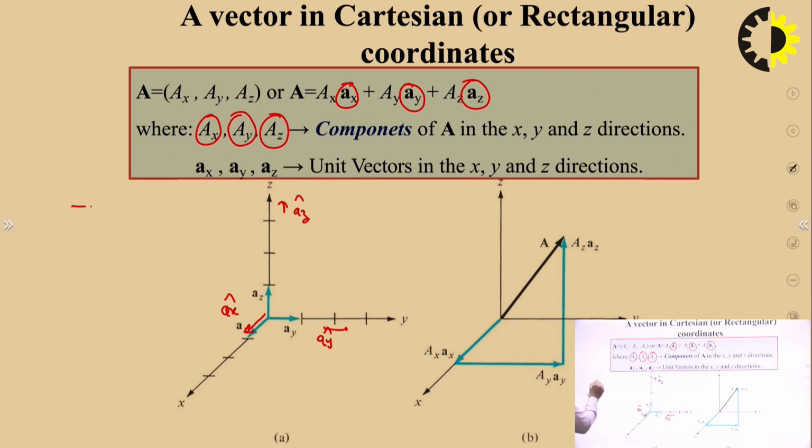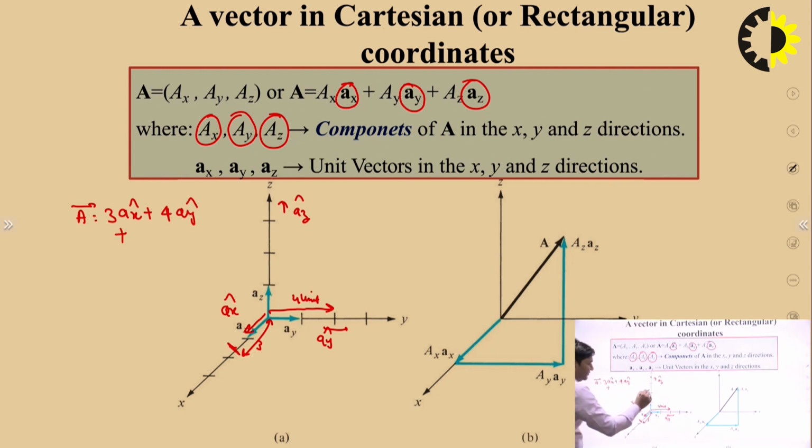So the whole vector A is defined by the magnitude in the x direction. Suppose we have taken 3 units, so 3 into ax, plus, suppose we have taken 4 units in the y direction, so 4 into ay, and in the z direction we have taken 5 units, so 5 into az.